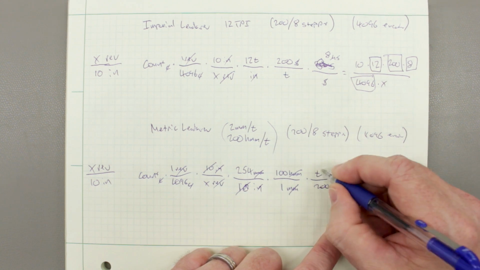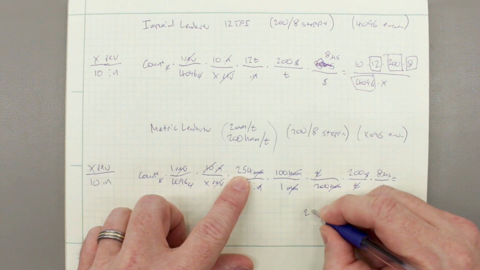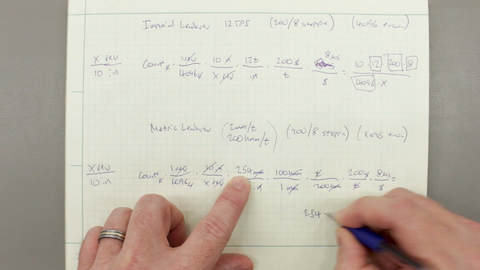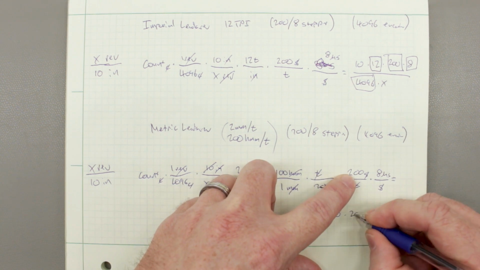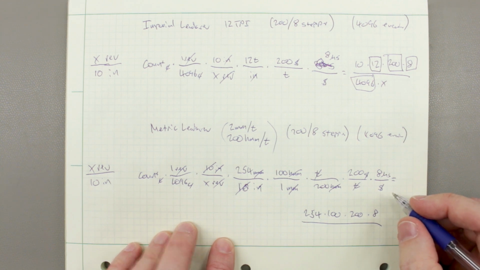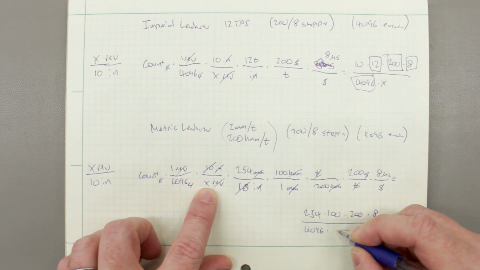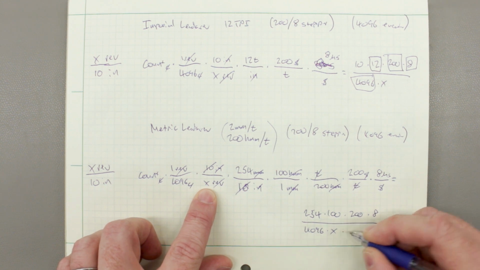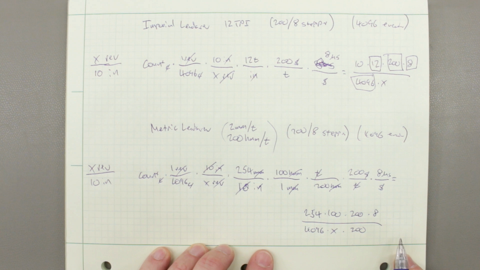Steps cancel, the turns cancel, and this leaves us with a final value of 254 times 100 times 200 times 8, all over 4096 times x times 200. And this is the factor.